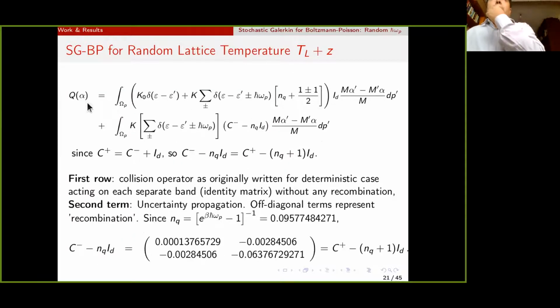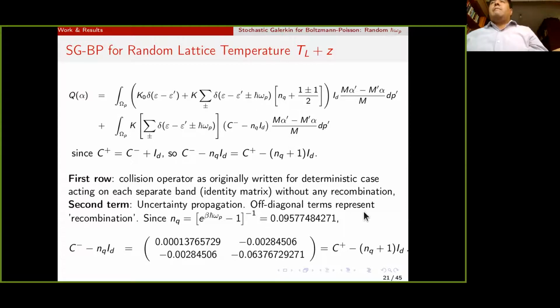But I like the next explanation of what's happening with the collision matrix, because you can decompose it in two rows. The first row is the collision operator as originally written for the deterministic case, but it acts on each separate band. So that first part of the collision matrix is not giving recombination across the expansion terms, because you have your mean and you have your coefficient that is representing the variance or the standard deviation. So it is the second term that is going to be taking charge of the uncertainty propagation.